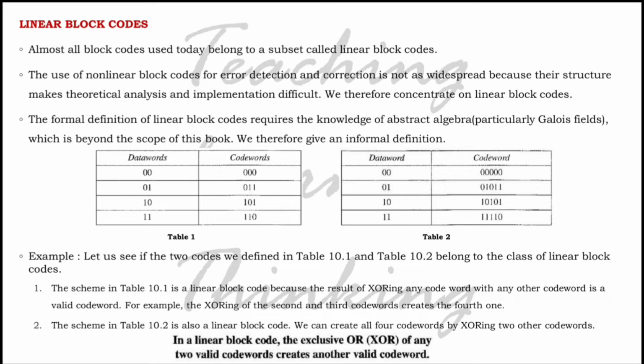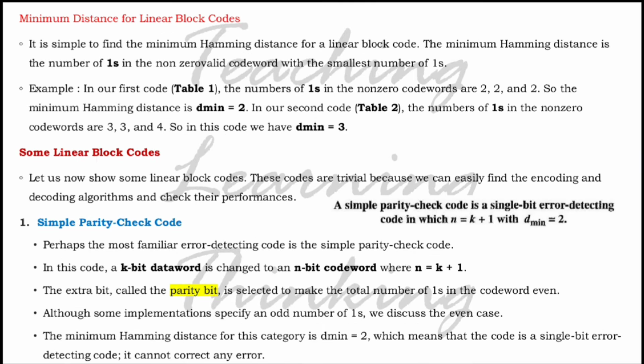So that means k equal to 2 and n equal to 3. And in the second table, k equal to 4 and n equal to 5. That is mentioned in this sentence.